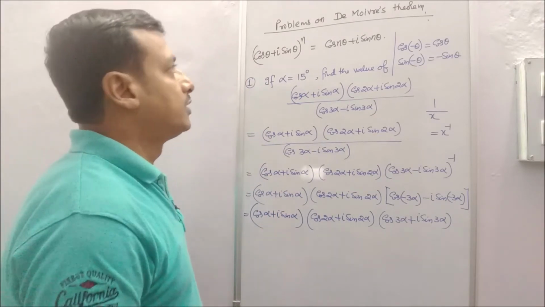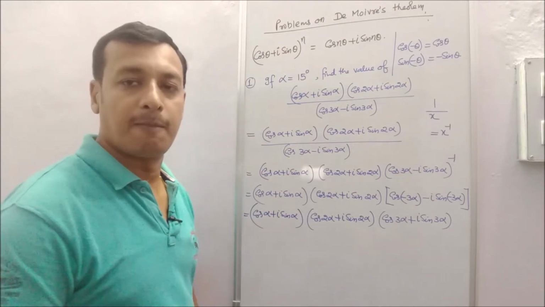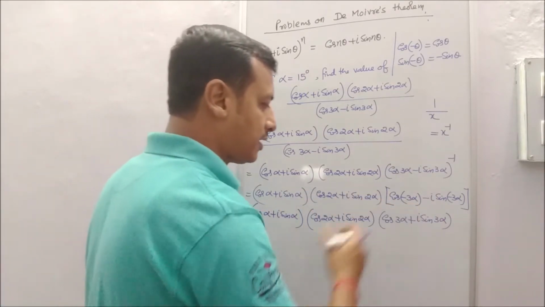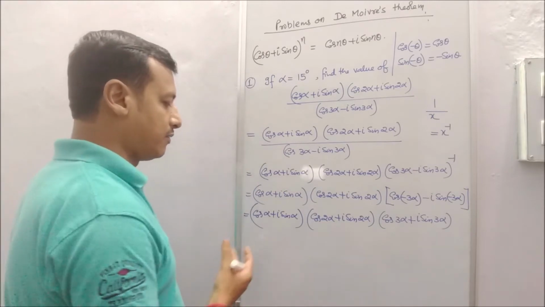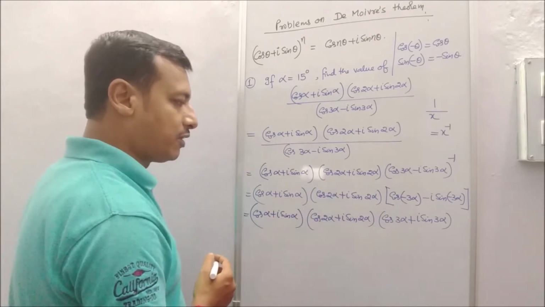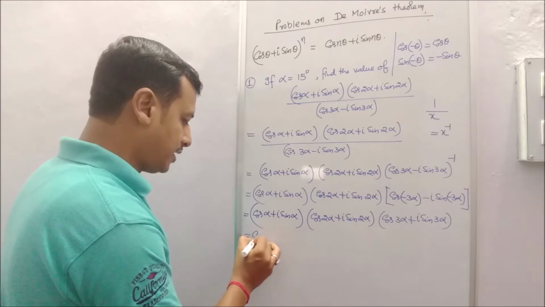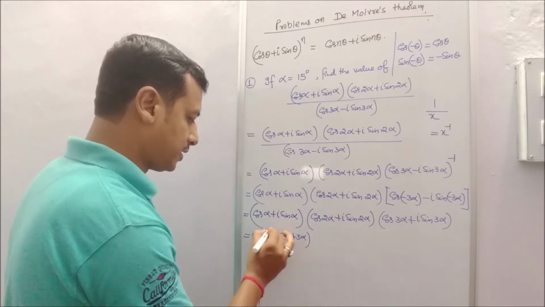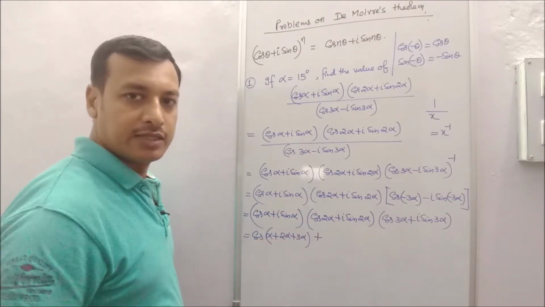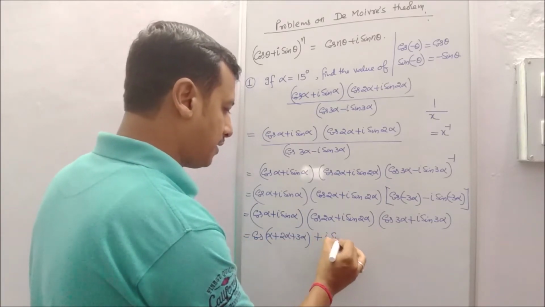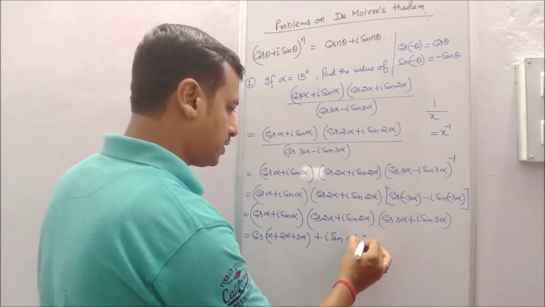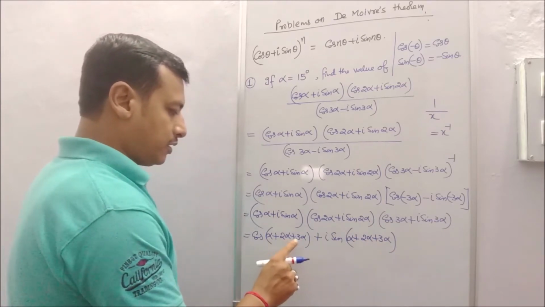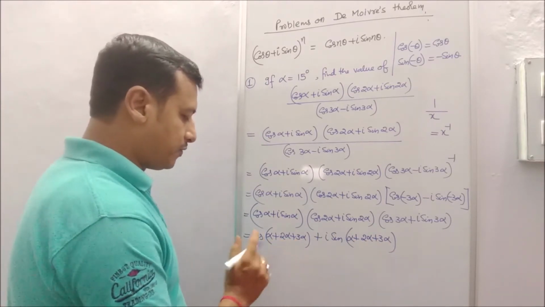While proving the de Moivre's theorem, we have seen that if 3 terms are there or 4 terms are there with the same number of angles, we can write it cos of alpha plus 2 alpha plus 3 alpha plus I times sine of alpha plus 2 alpha plus 3 alpha. 3 plus 2 is equal to 5 plus 1 is equal to 6.